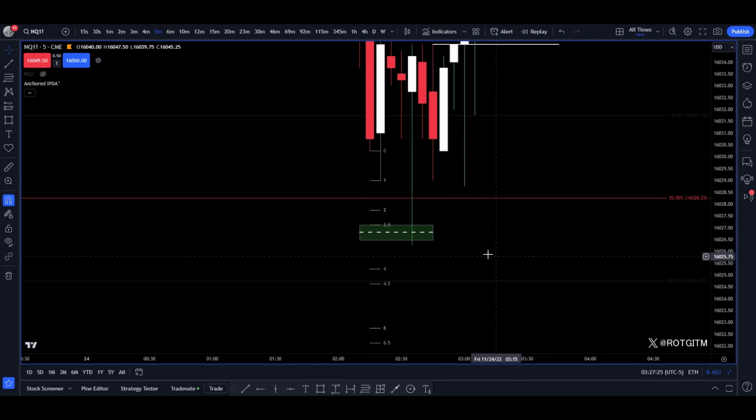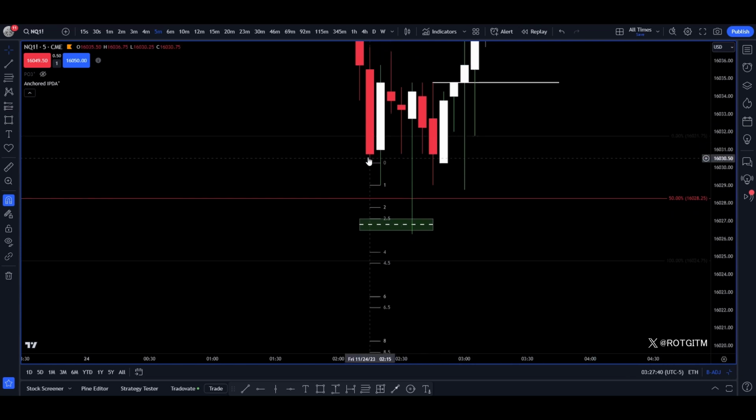Now, I've been going through the charts and I've been dropping a standard deviation on these wicks and measuring them out and seeing where the following wick that grabs the low away from this one falls.